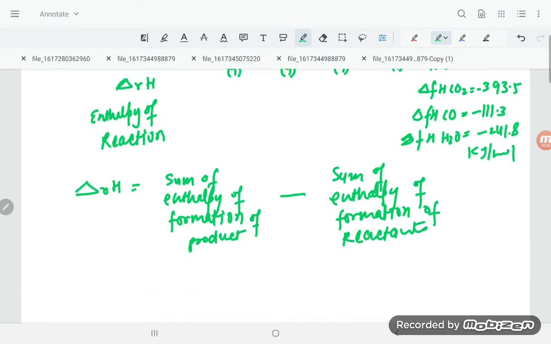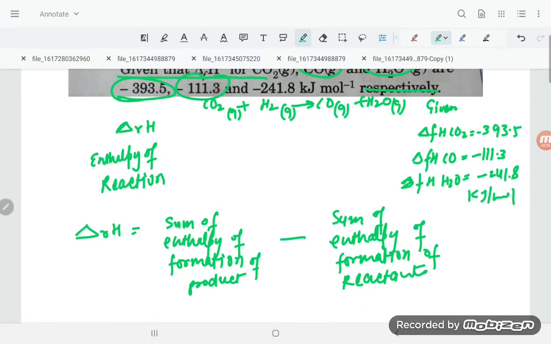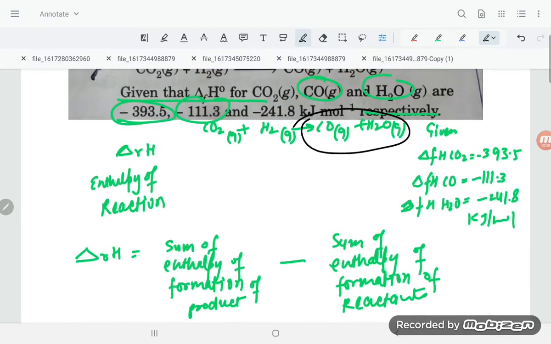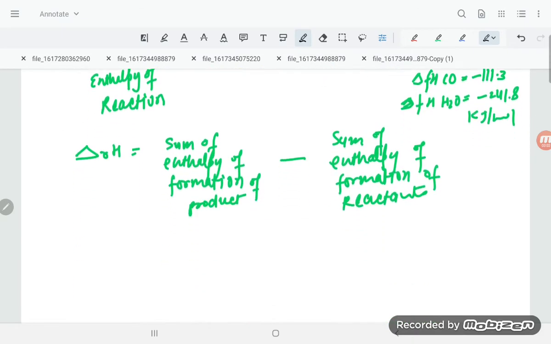In the equation, the products are CO and H2O, and both are 1 mole each.